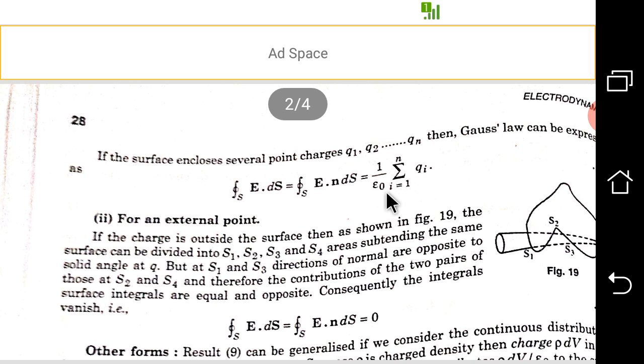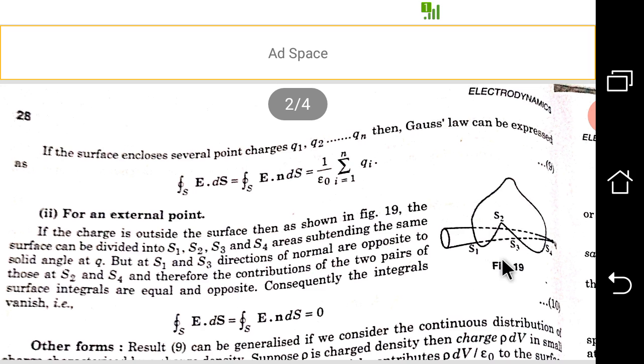Now, we consider the second case, where the charge is outside the surface. Here, q is the charge which is outside this body.